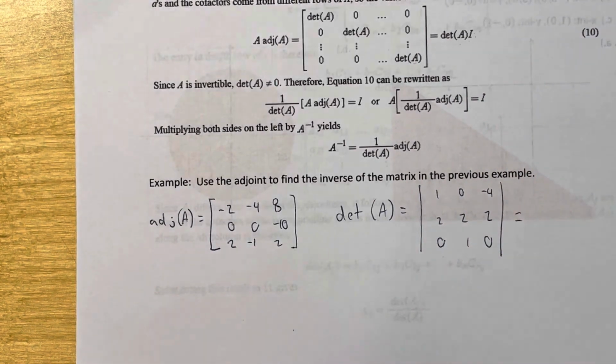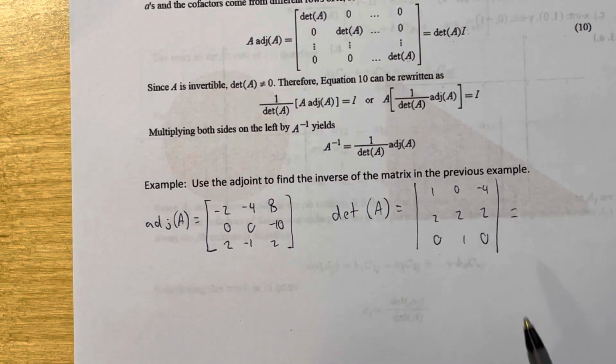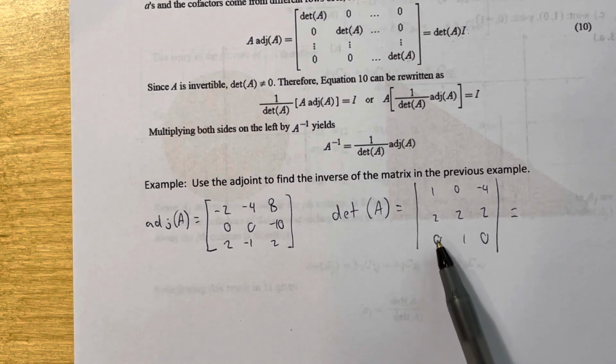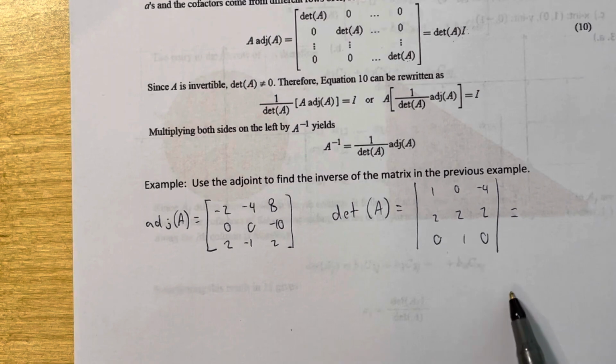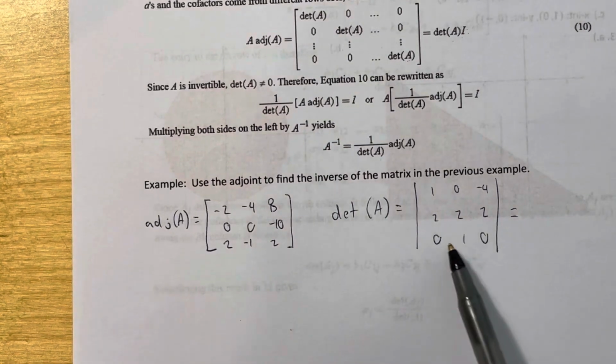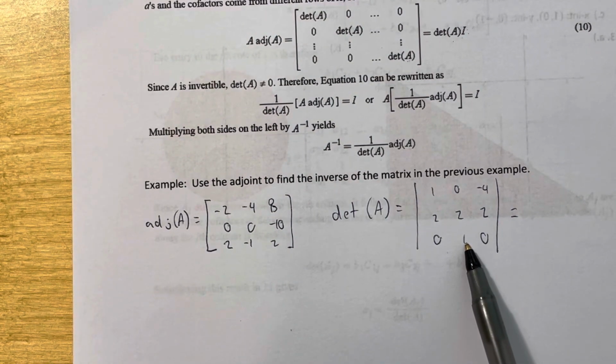I want the determinant of this matrix, and it makes sense to expand along the third row since that's the row that contains the most zeros. So I can just look at this cofactor for the 3, 2 position. I'm going to get -1.